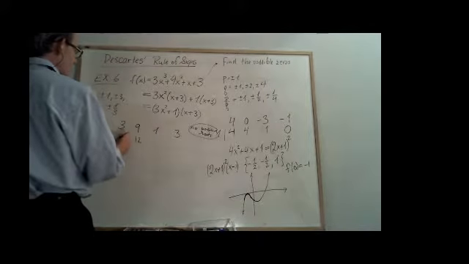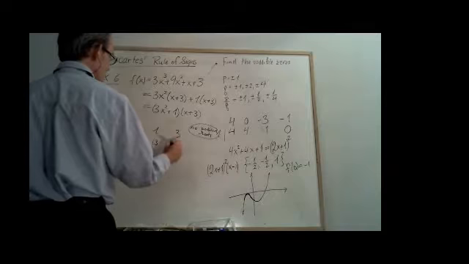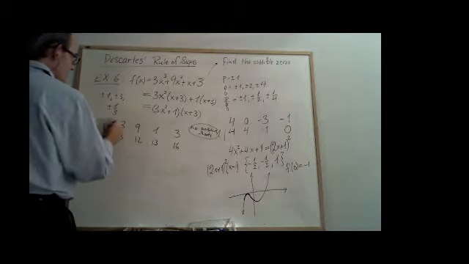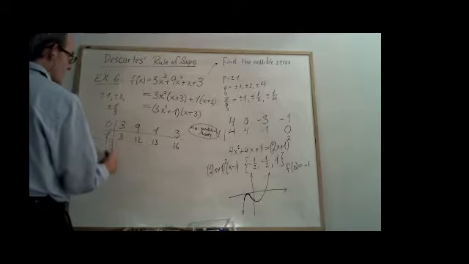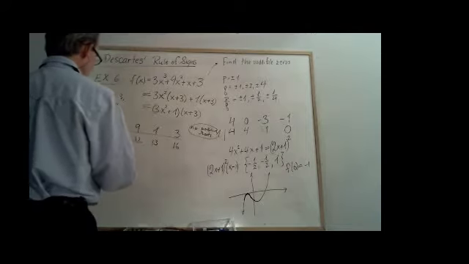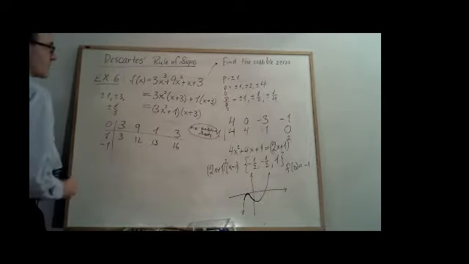Okay, so 1 times 3 plus 9 is 12, plus 1 is 13, plus 3 is 16, so not a root. 2 won't give you a root because it's still even more positive, so let's go negative.